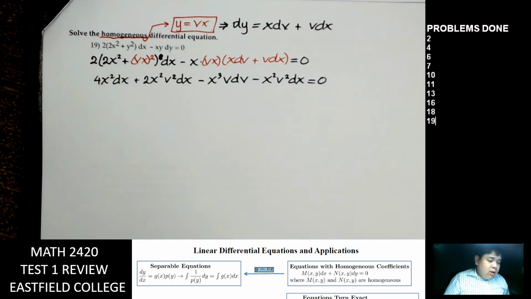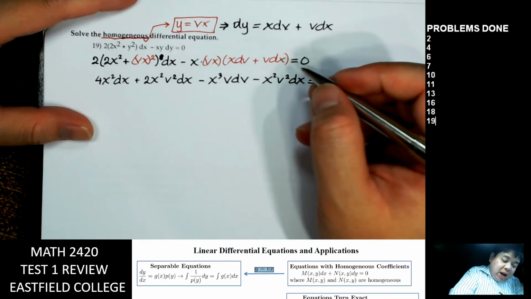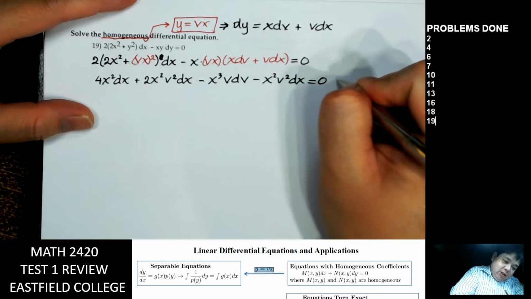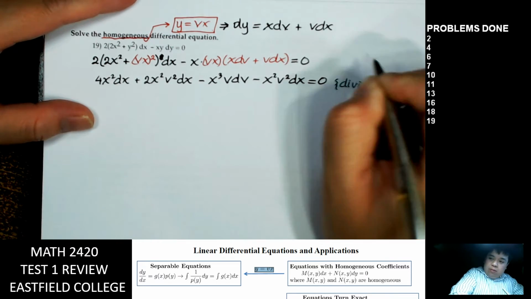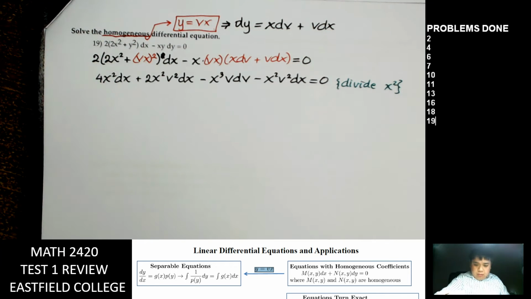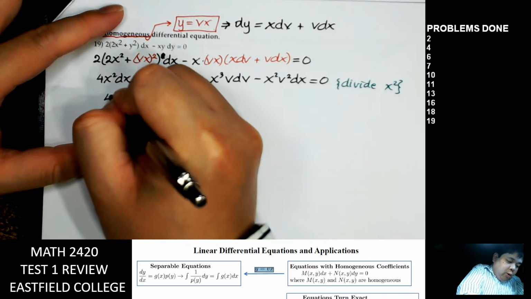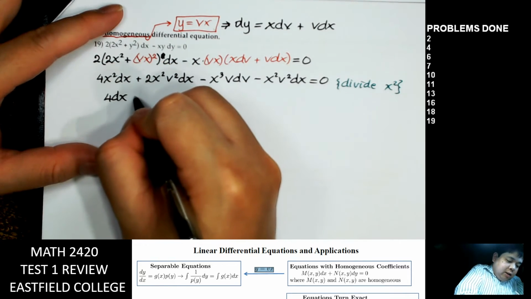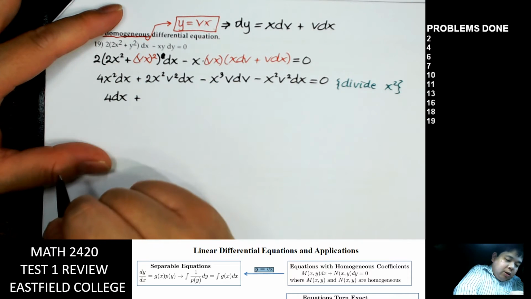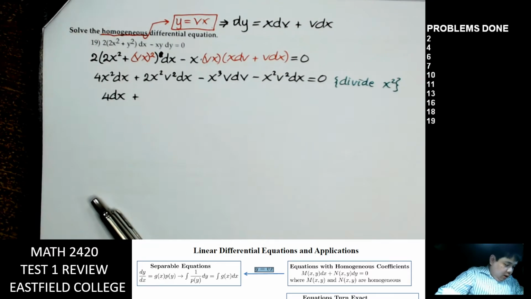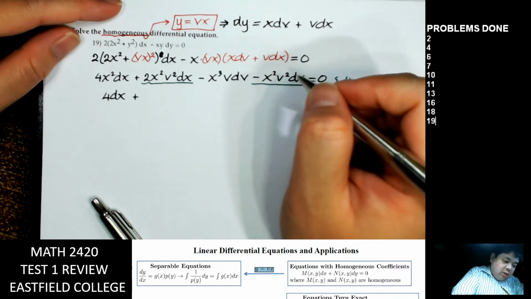Right, everything has x squared in it or more, so we divide by x squared. So we have 4 dx plus, notice that these terms are like terms.